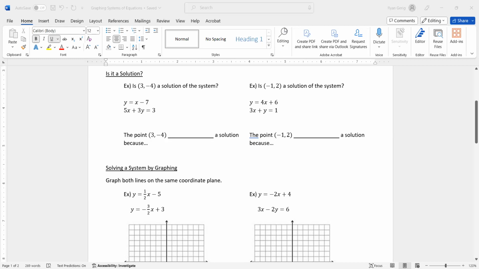Is (3, -4) a solution of the system? It's a system because there's two equations right there. So we're just going to take 3 and put it in for x, and -4 and put it in for y, and see if the two sides are equal on both of them.